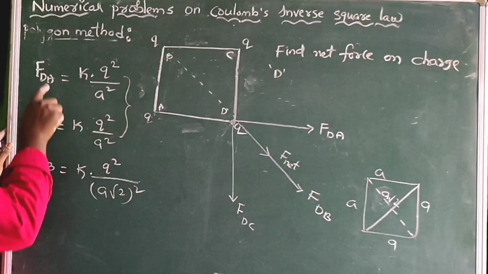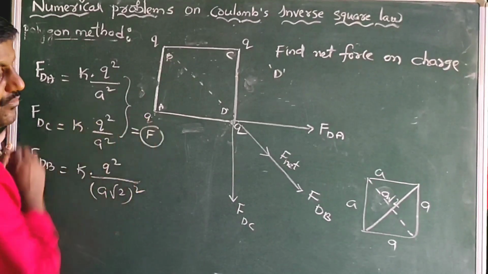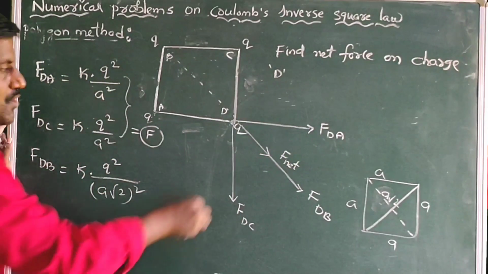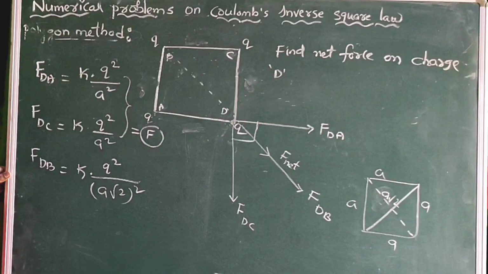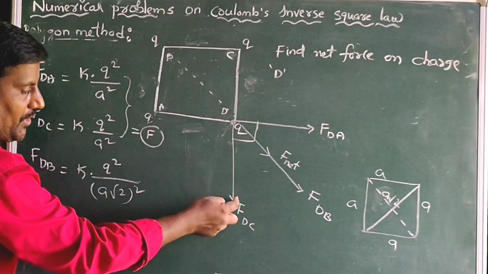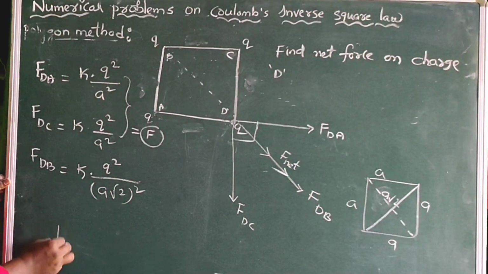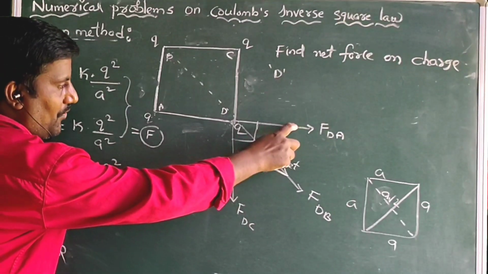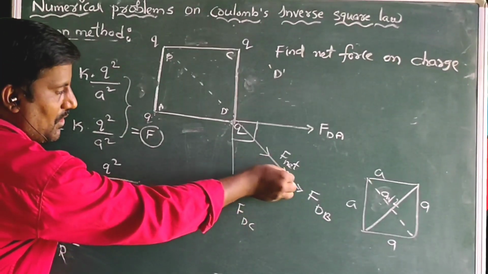Now FDA and FDC are both of the same magnitude, which I consider F. The angle between FDA and FDC is 90 degrees. So the resultant of FDA and FDC, which I consider FR, is also acting along this direction.